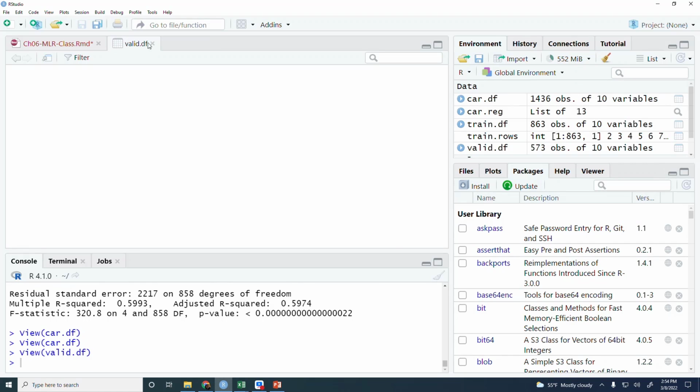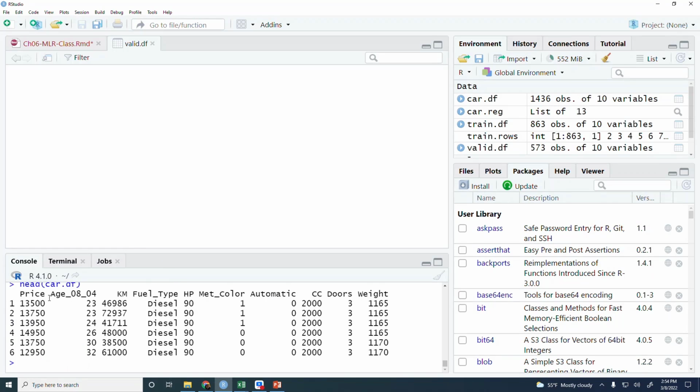Okay, so kilometer is obviously, okay, so they are all in actual numbers.